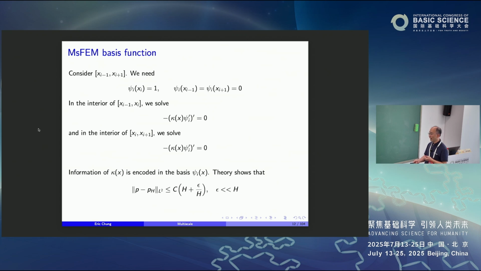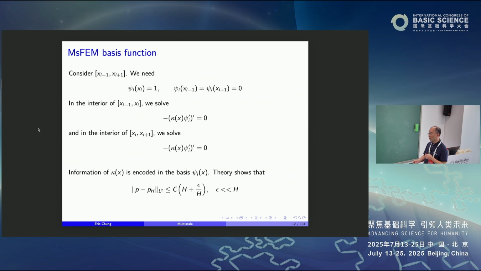Here capital H is the coarse element size, which is the size of this subinterval. Keep in mind that the size of this interval does not need to be small, because we are not doing the standard scheme. For the standard scheme, the size of this interval needs to be very small, but now you don't have to do that.